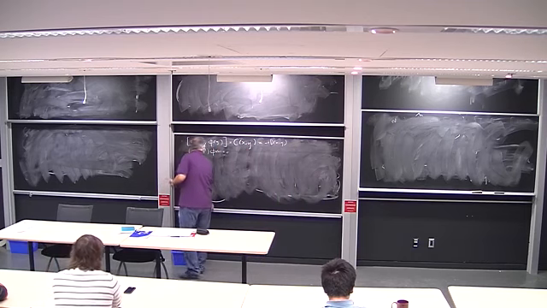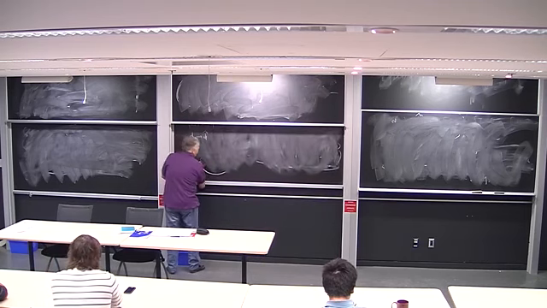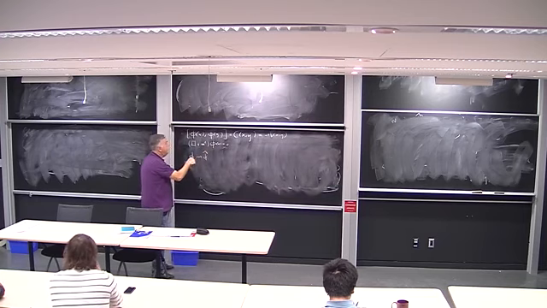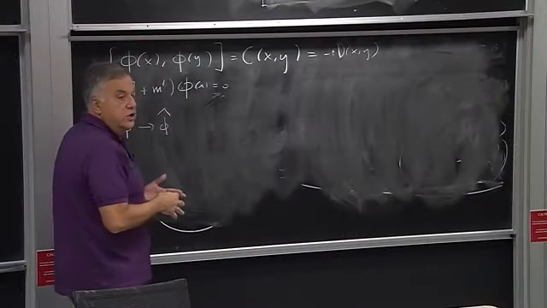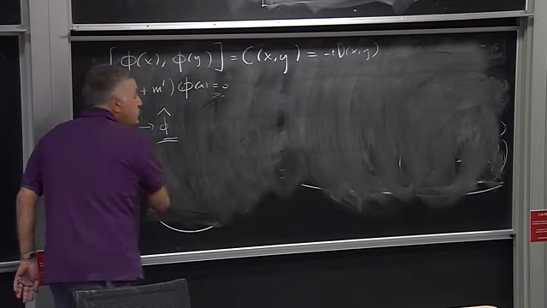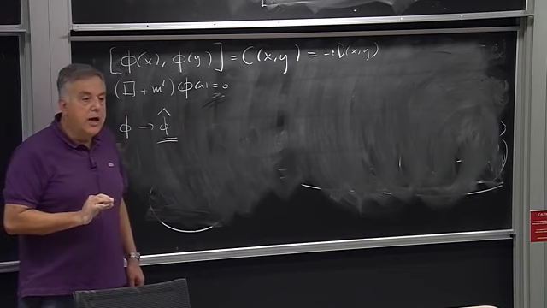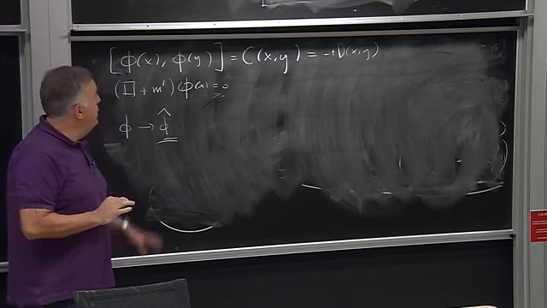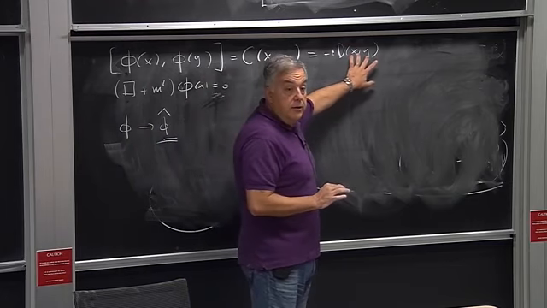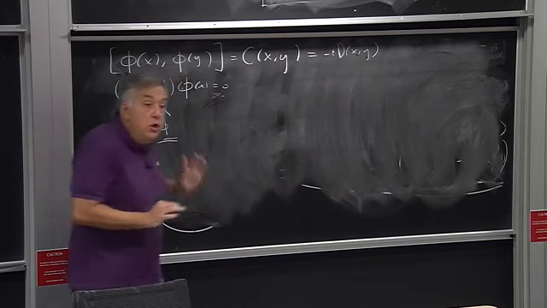The algebra is invariant under the action of the Poincare group, but this does not mean that the representation is invariant. The commutator is Lorentz invariant, but the two-point function need not be Lorentz invariant.